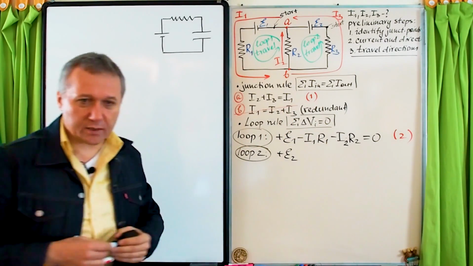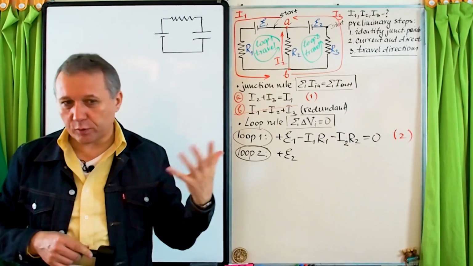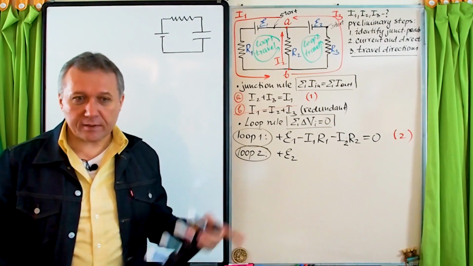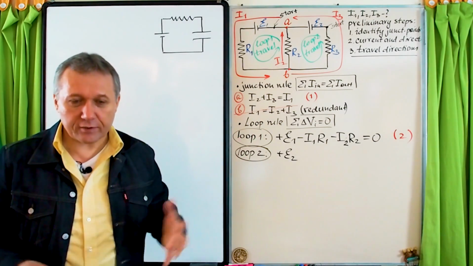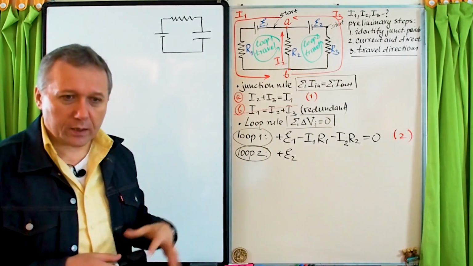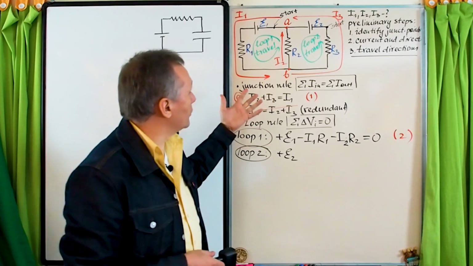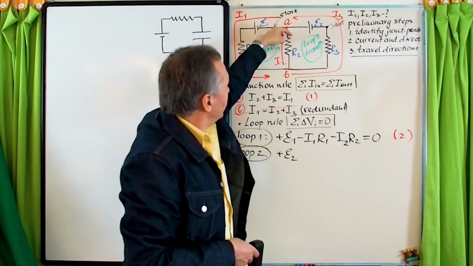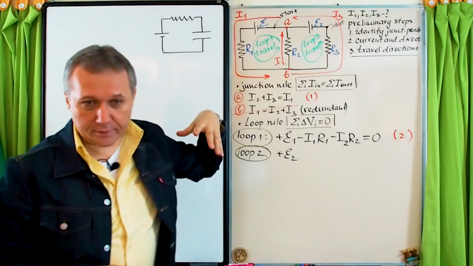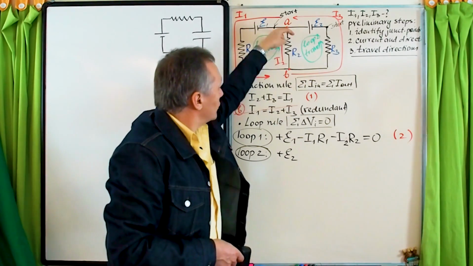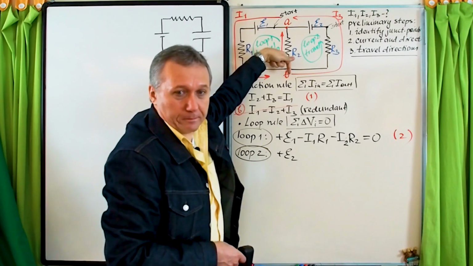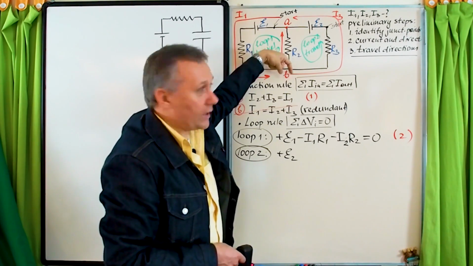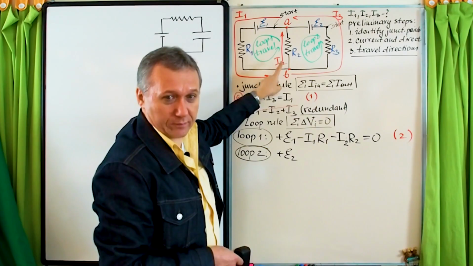You see, it's very mechanical. Once you solve a few problems like this, writing down these equations is very straightforward. But of course, you need to practice those rules. Now after this battery, you have to cross this resistor in this loop. Travel direction in loop 2 is down, but current I2 is up.